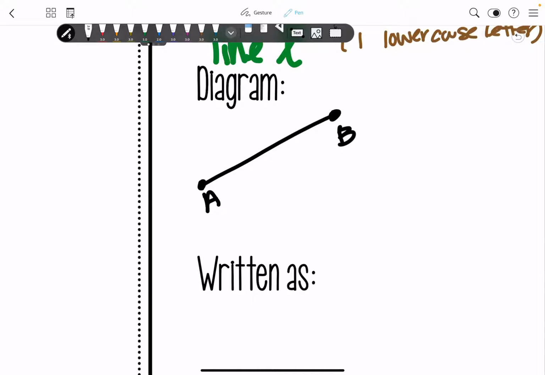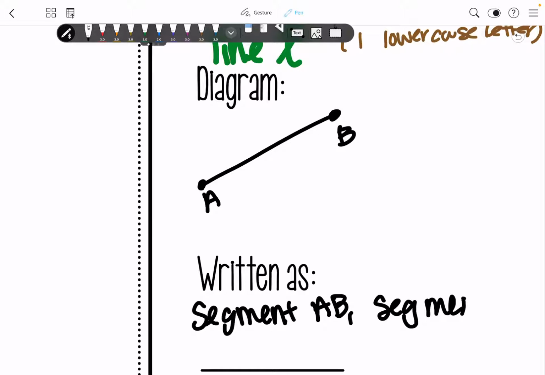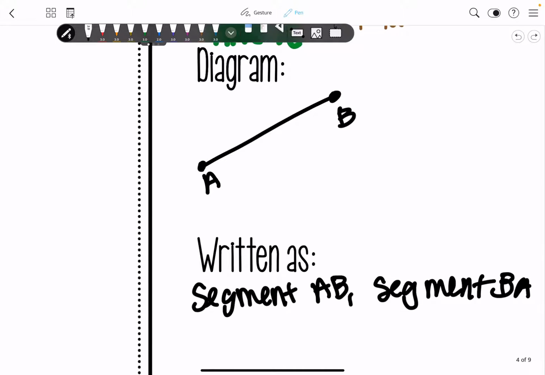That would be segment AB or segment BA. Because you could be standing here and looking at it, you go in B, then A. Or you could be standing here and then going A, then B. The way you would symbolically write it, AB, then BA, put a line over it.